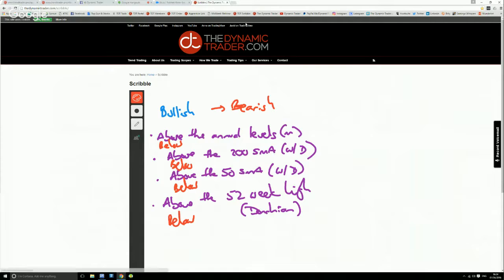What I'm looking for is ultimately this, right? If I was to draw this as a checklist, what I would have is monthly, weekly, and daily. On the monthly, I'm looking at the annual levels. There are other support and resistance levels that I look at, but we'll cover those in another session, okay?